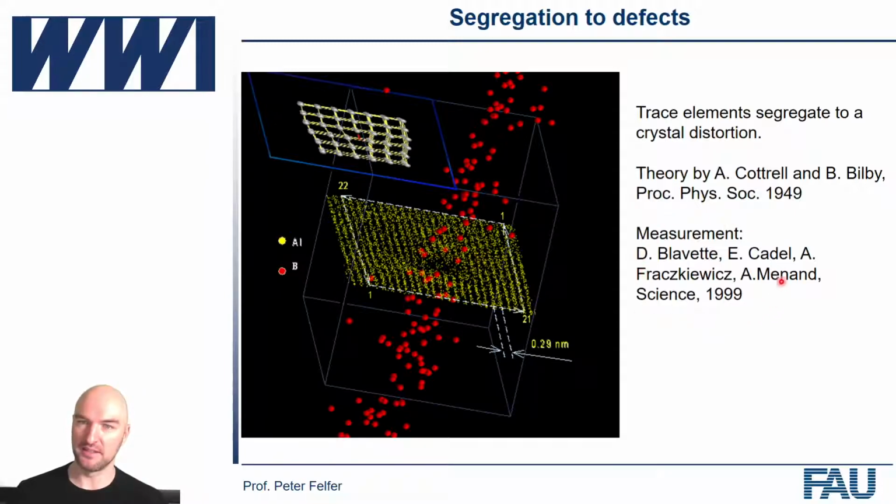But it took until the late 90s that atom probe was really able to show that they actually exist in practice. And by now, this is something we see a lot in our data. So by now you might say, it's easy, in my bachelor thesis I showed Cottrell clouds. Yeah, but it took a long time to have the technology to be able to do that.